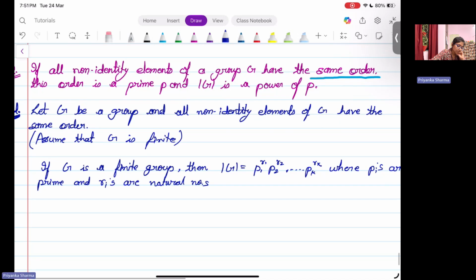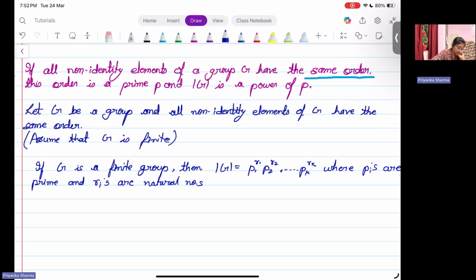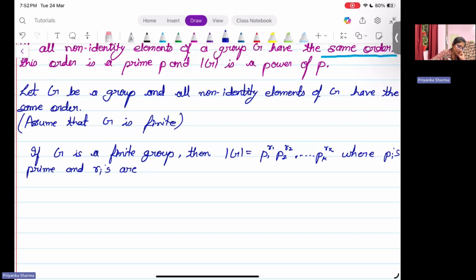If we take all as natural numbers, we will exclude the possibility of the trivial group. So, okay, for generality, I'm writing non-negative integers.